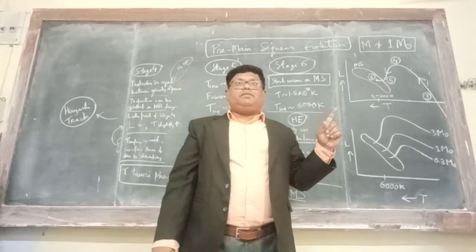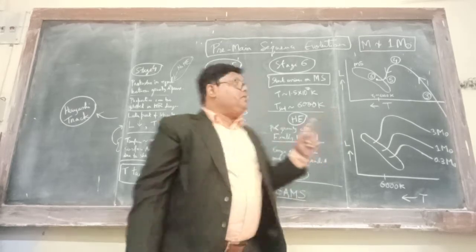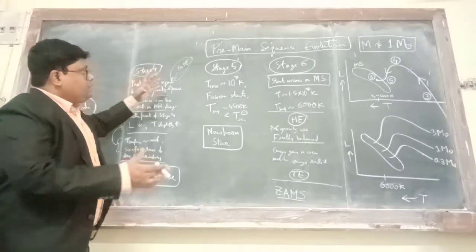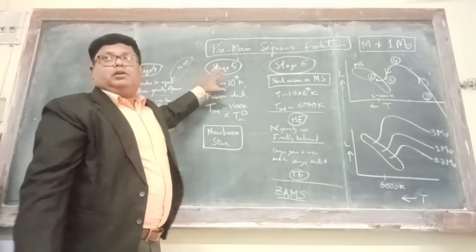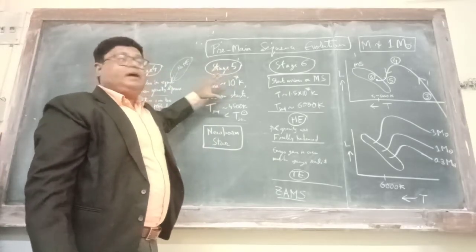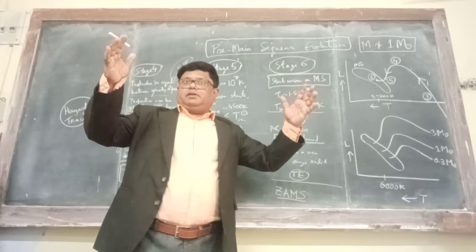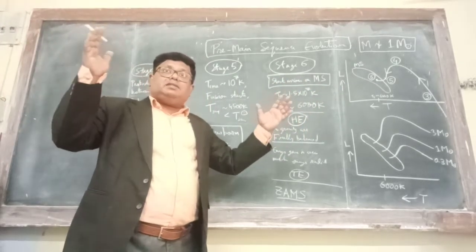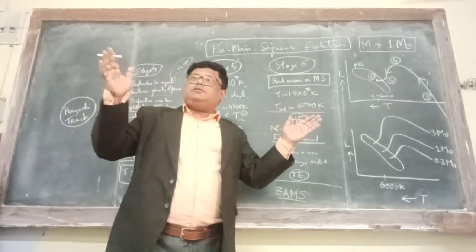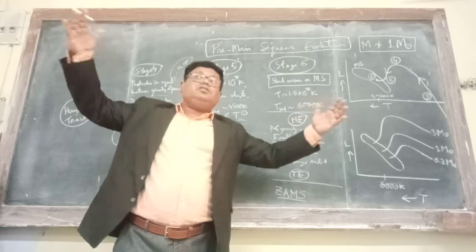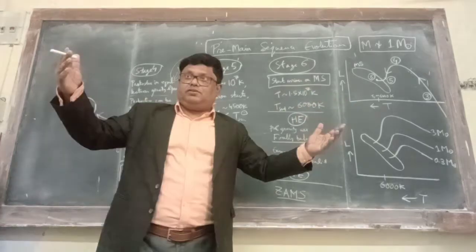Why? Radiation. From here to here the equilibrium starts becoming more and more exact. I mean to say, previously the equilibrium was not that much, but now the resistance by the gas pressure is more. So even though gravity is resisting, it is not resisting in that much faster way.